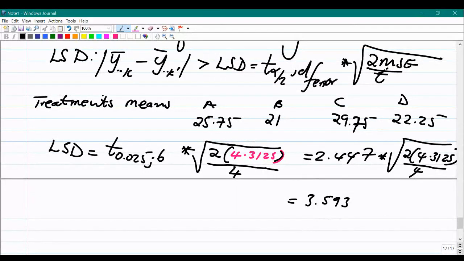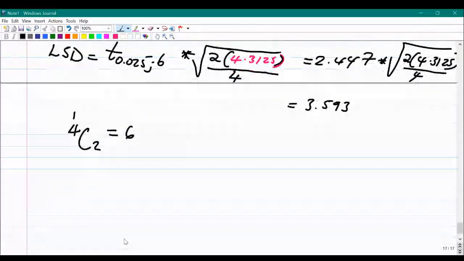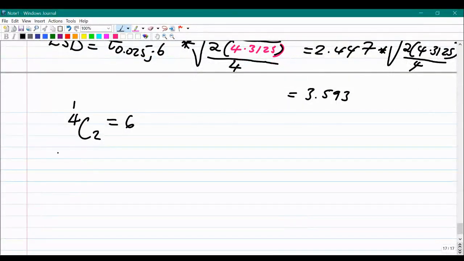How many pairs are we going to have? We have 4 treatments, combination 2, which is 6, right? So let's do the comparison now. Mean A minus mean B.